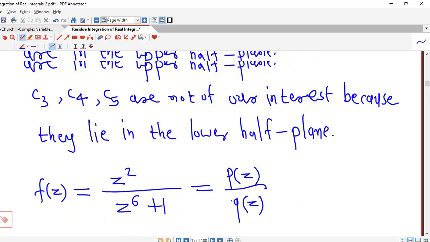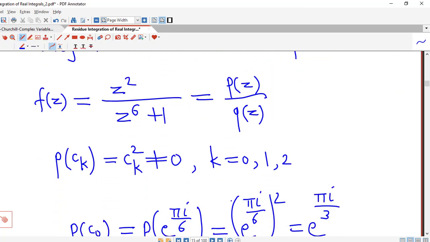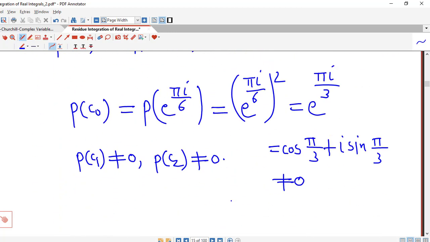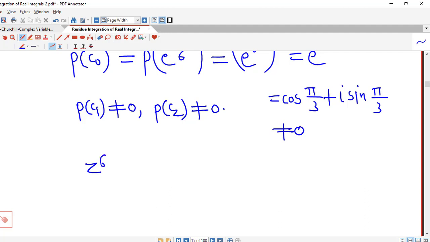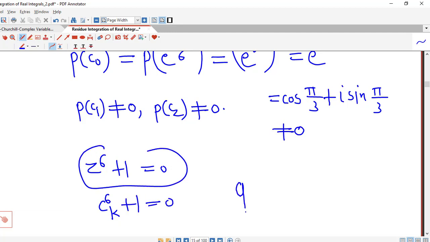Now we know that these ck's are roots of z raised to 6 plus 1 equal to 0. It is given, we have shown that ck raised to 6 plus 1 equal to 0 are solutions of this equation. So if we put ck in q of z, we have ck raised to 6 plus 1 equal to 0.